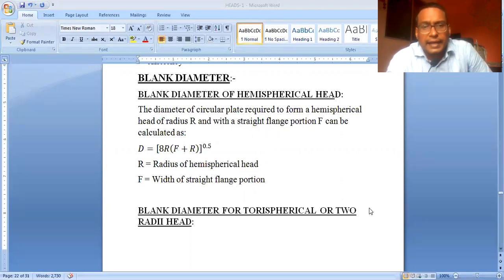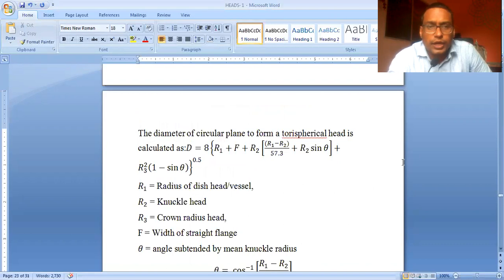Similarly, the blank diameter for torispherical head can be calculated by using the given formula. So blank diameter is also another important consideration for designing of the heads.